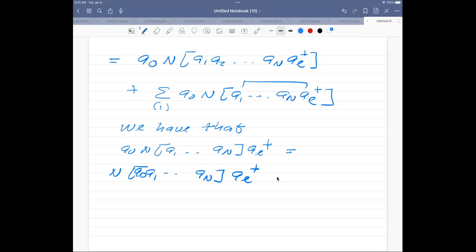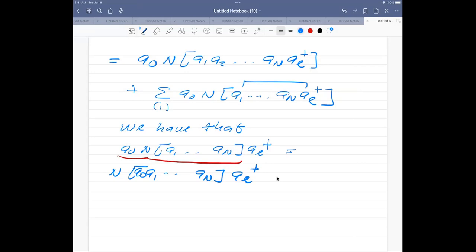Because this is already normal ordered, I can always rewrite that one. Since these are annihilation operators, they're all the same, so it doesn't matter which order they come in. Since they're all equal, I can always rewrite them as a normal order product, and then you can reshuffle them as you want. Okay, so that was the first term.